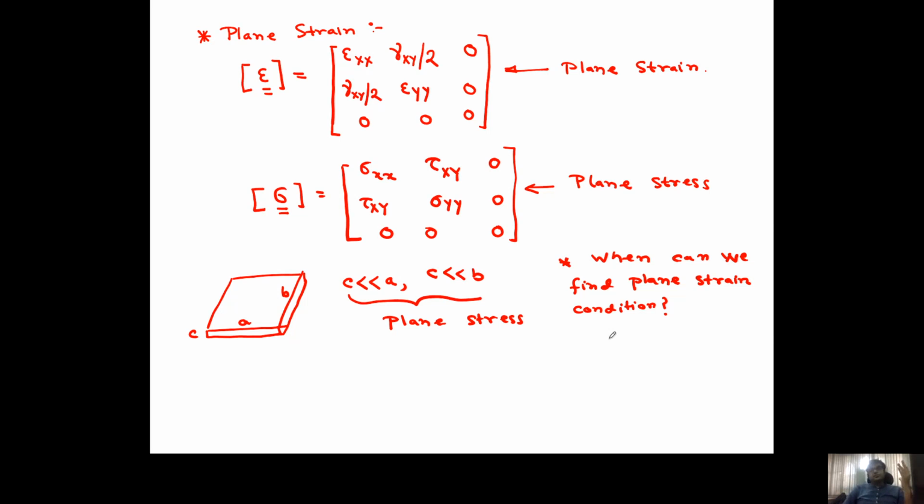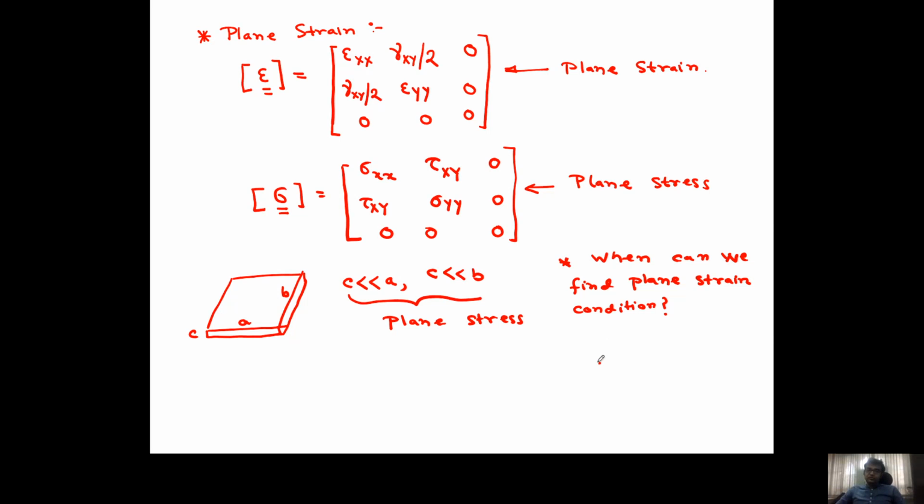Plane strain condition is observed if one of the dimensions is significantly larger than the other two dimensions. So previously it was significantly smaller, and now we are saying that it is significantly larger.